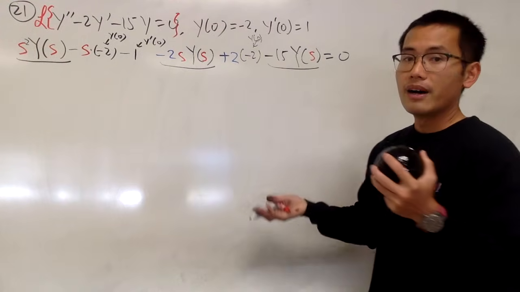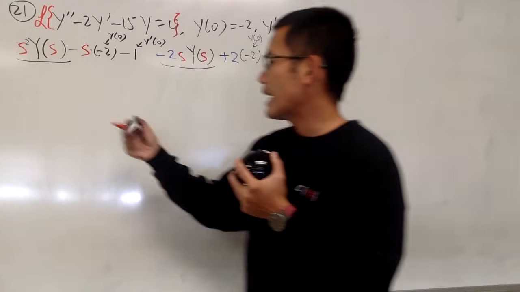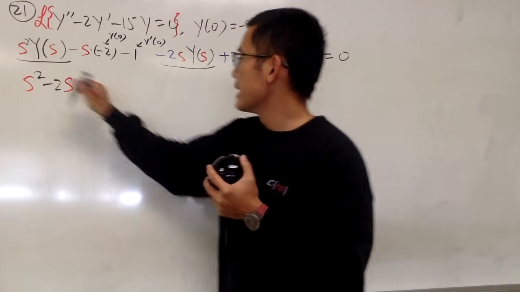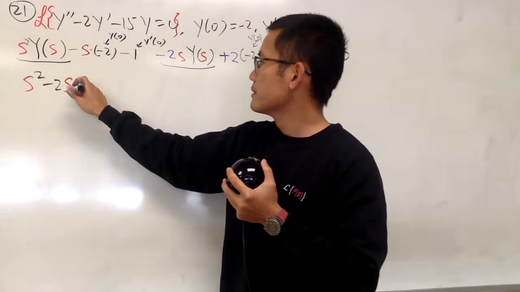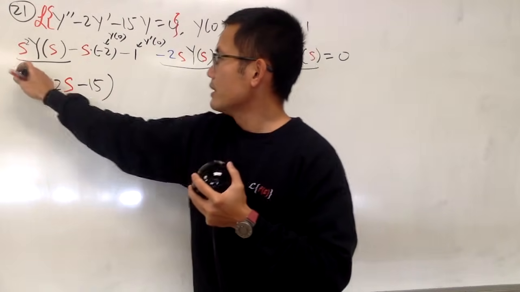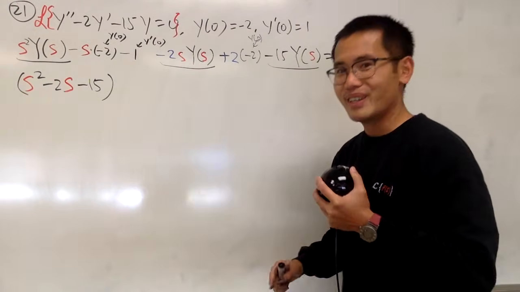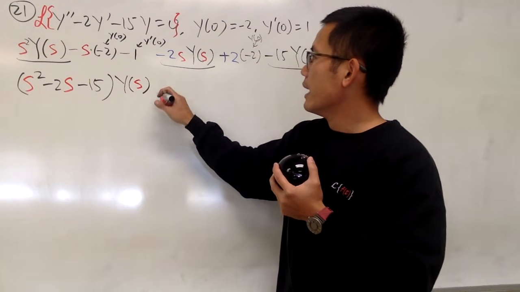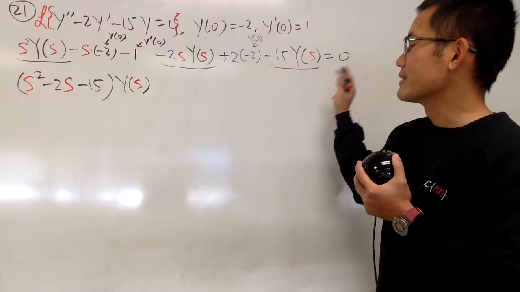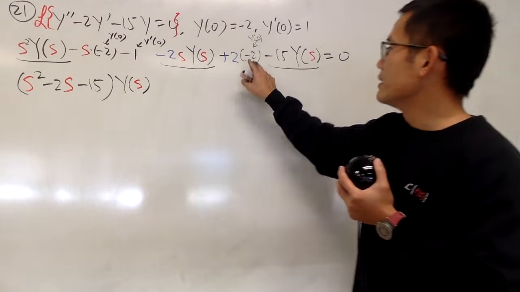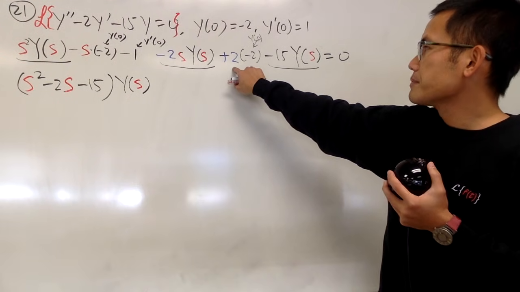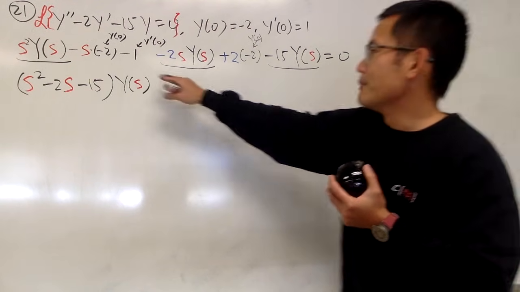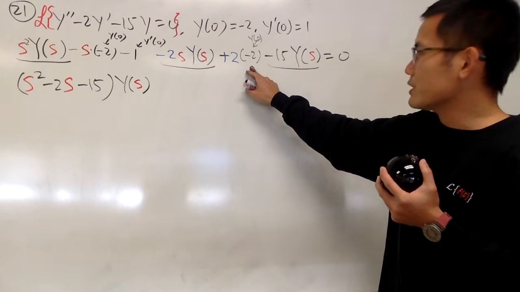The other ones have the y of s, so we can factor that out. We have s squared minus 2s, and then minus 15. And if you notice, this right here is actually from the original. Very cool, huh? And then you have the y of s. And I'll put the other things to the other side. So this is negative 1. This is minus 3, so which is minus 5. Sorry, minus 1, minus 4, which is minus 5.